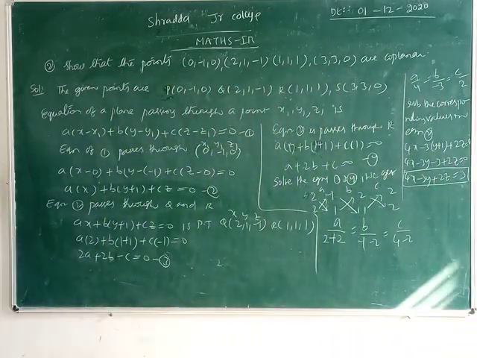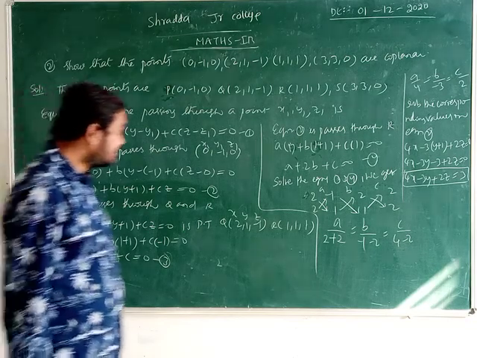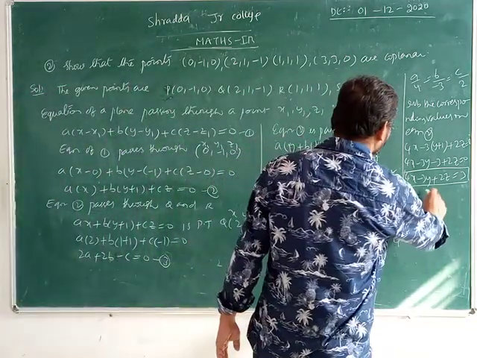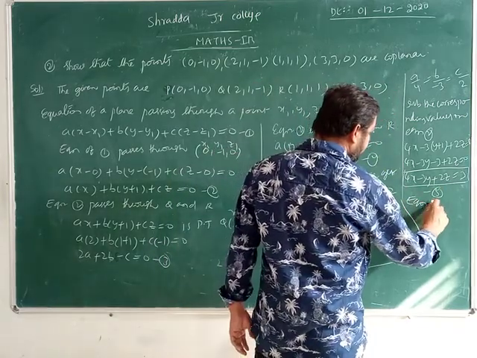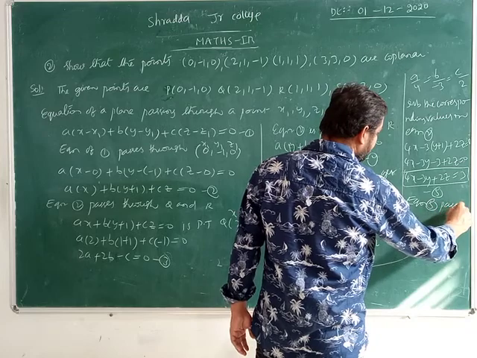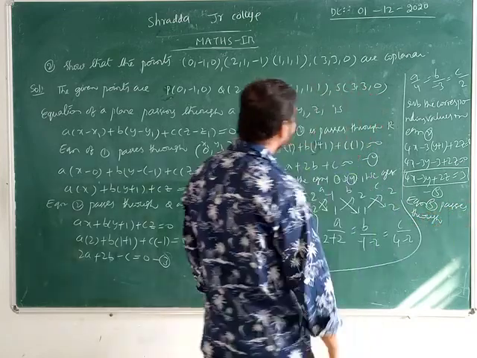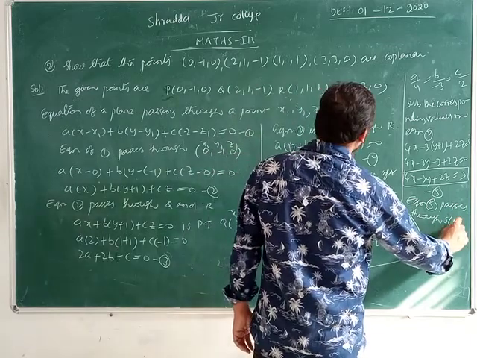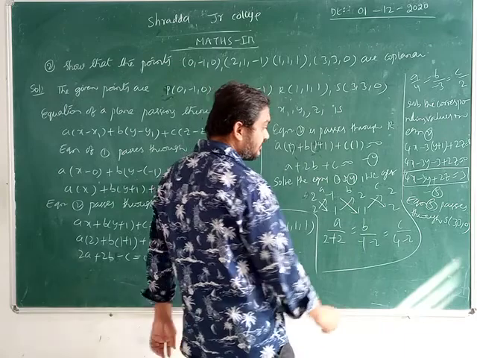So now take this as equation number 5. Now equation 5 passes through S, that is 3, 3, 0. So what are we getting here?